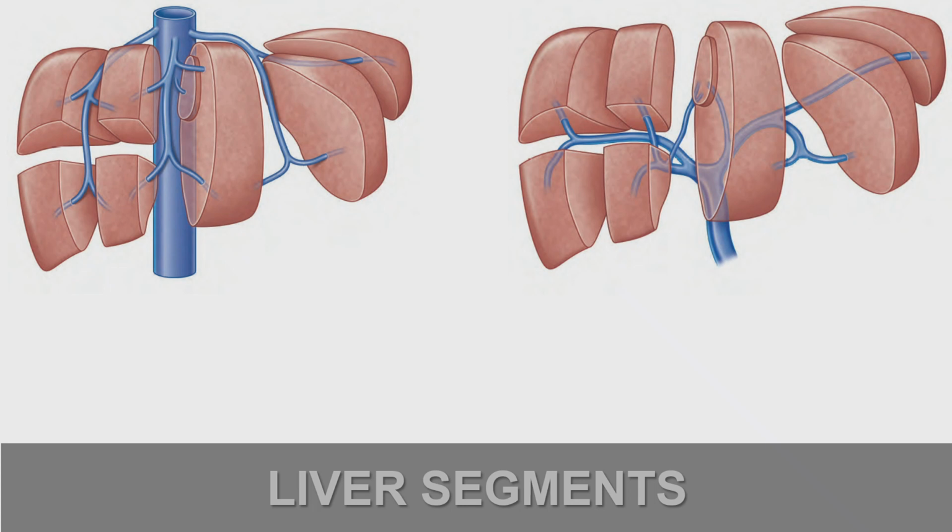But we have some functional anatomy. Functional anatomy means that we have functional units which are called liver segments. Sometimes they are called subsegments. The segmental classification could be different. We use the European one, made by Couinaud, a French surgeon.